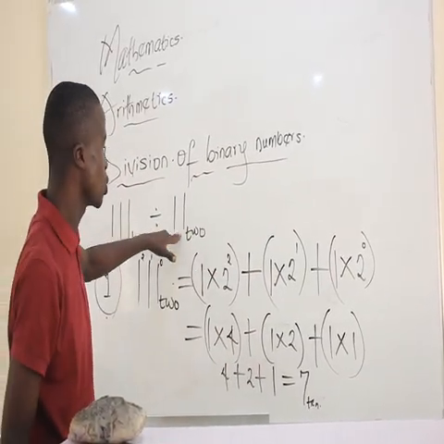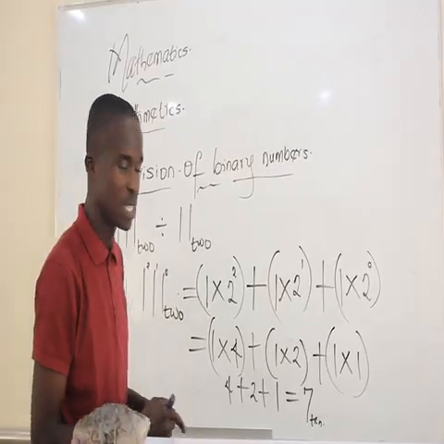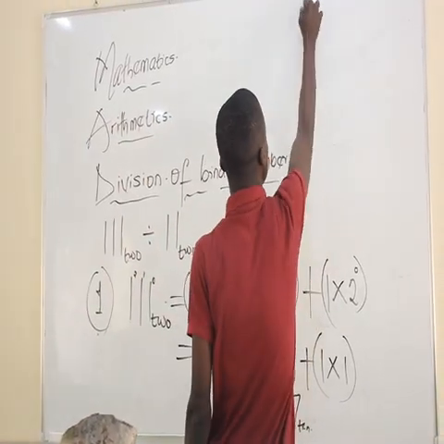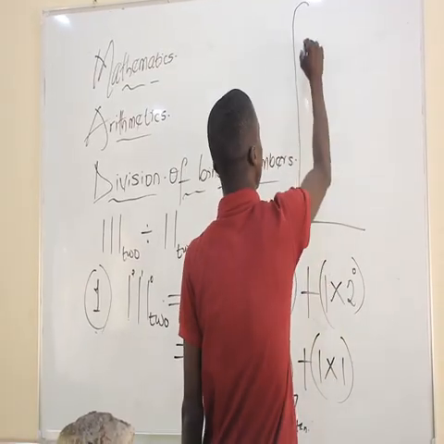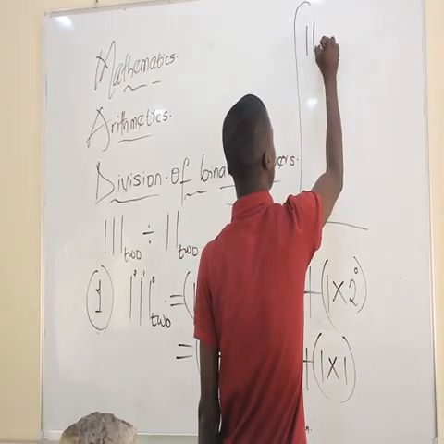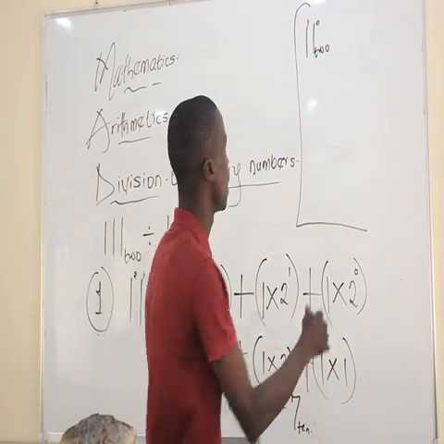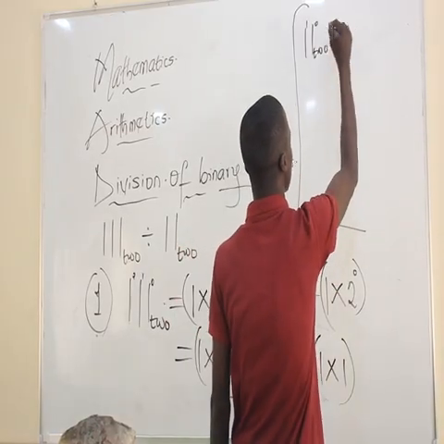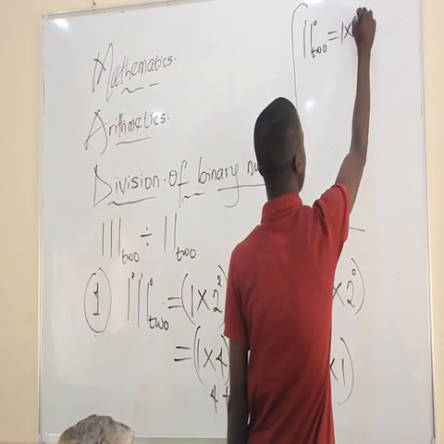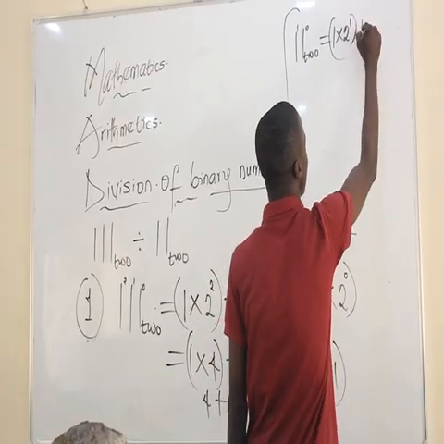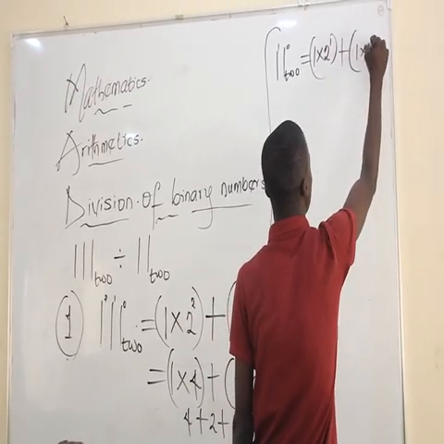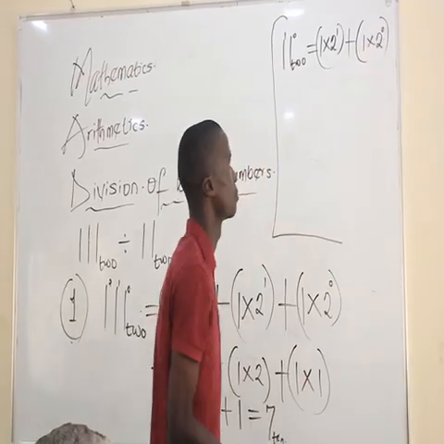You do the same to this. Now converting this to base 10, let's do the same. To convert it, it will result to 1 multiplied by the base raised to the power 2 plus 1 multiplied by the base raised to the power 0.